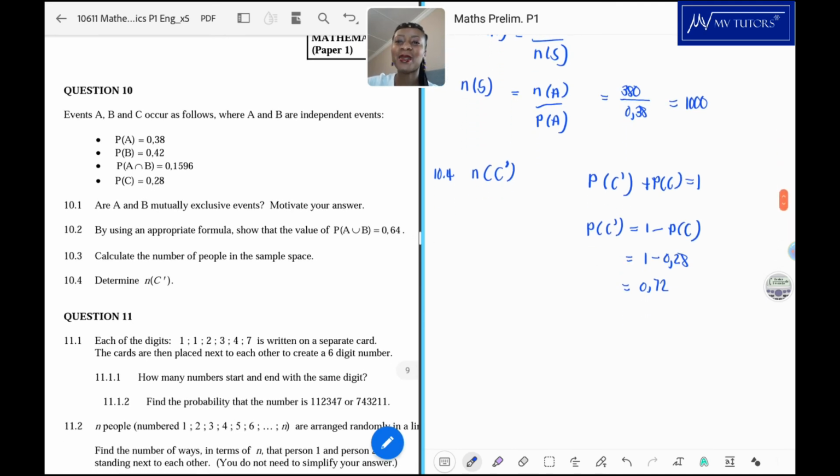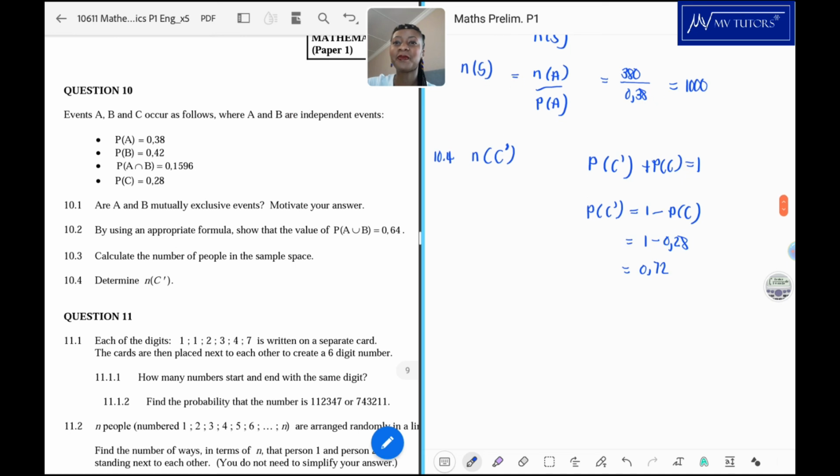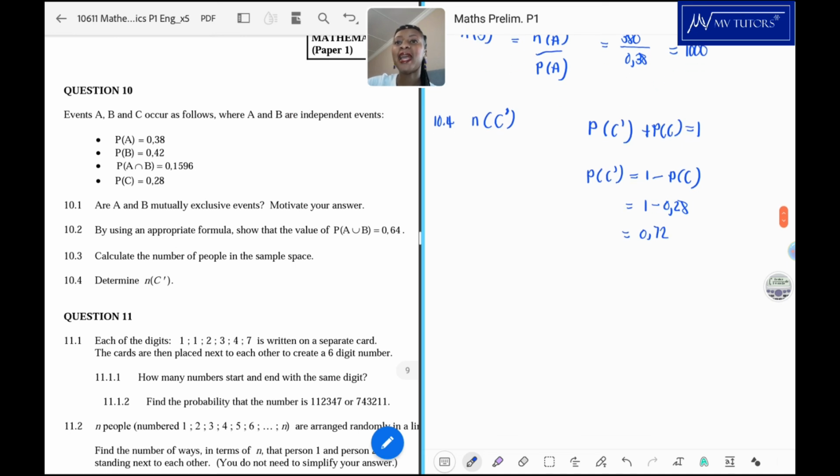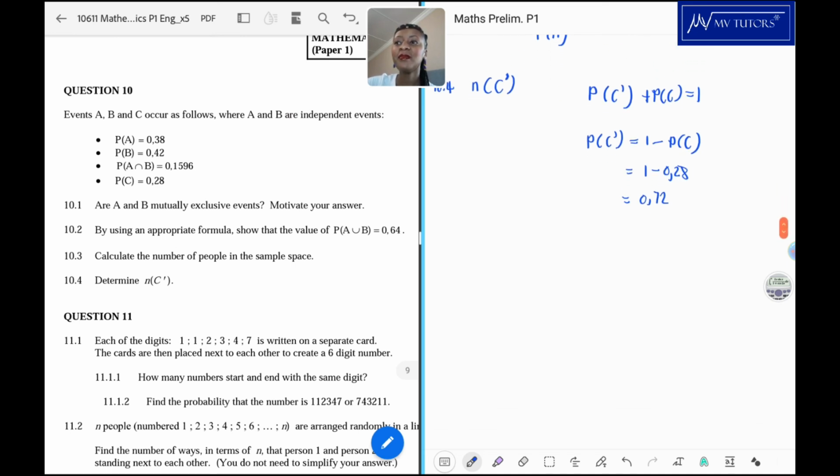Yeah, we're playing dangerously here, not using the calculator. But yes, it's 0.72. Okay, so now that we have that, we can calculate the number of C events not happening. How are we going to do that?